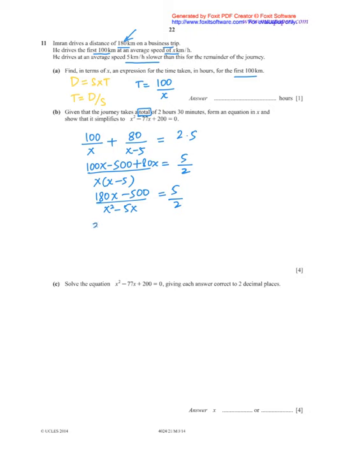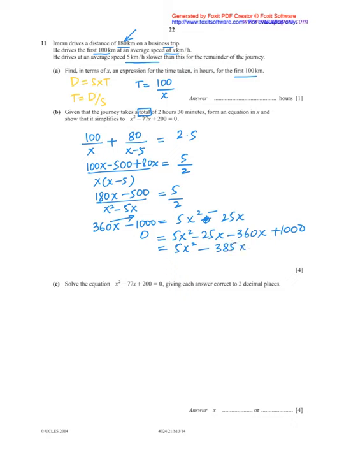By cross multiplication, it will be 360x minus 1000 equals 5x square minus 25x. Now when you shift to the right side, it will be 5x square minus 25x minus 360x plus 1000 equals 0. Simplify it: 5x square minus 385x plus 1000 equals 0.